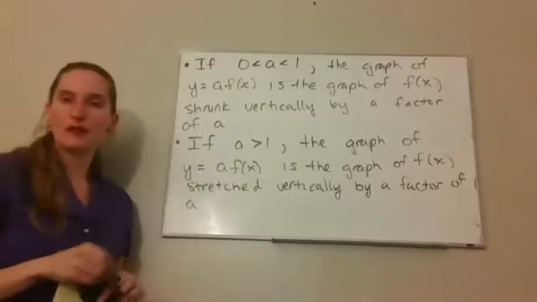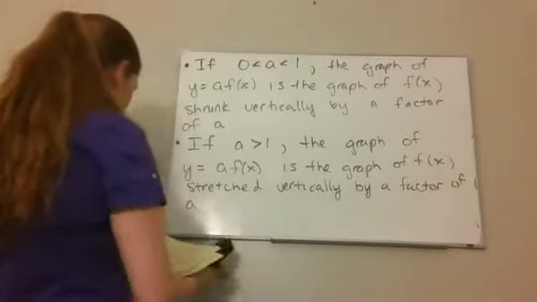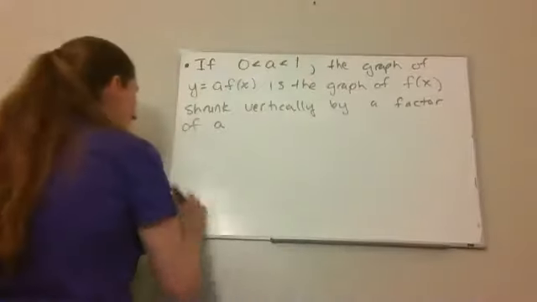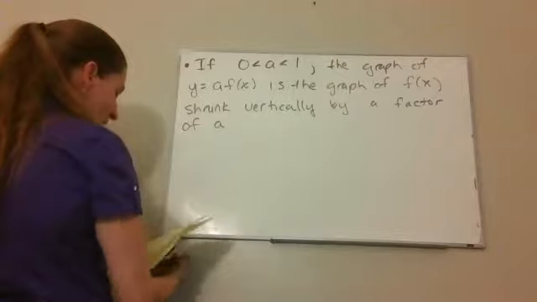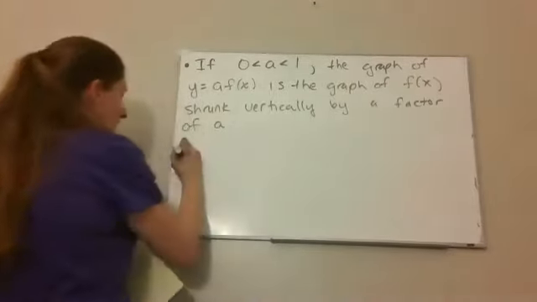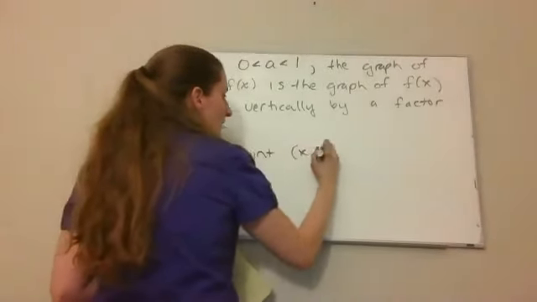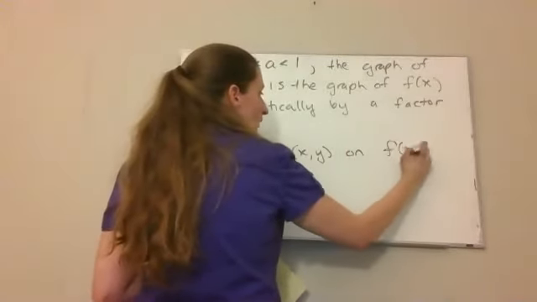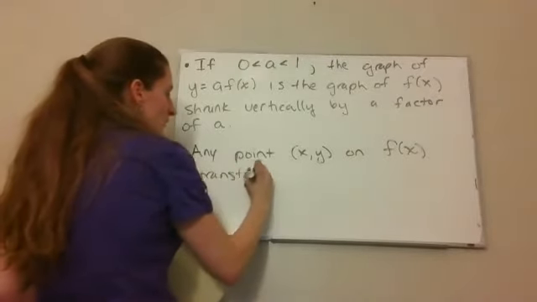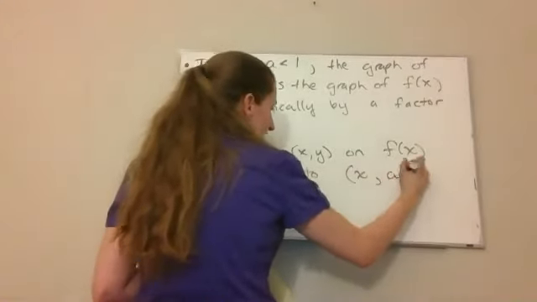So regardless of whether this is a vertical stretch or a vertical shrink, the important thing is that any point (x, y) on the original graph is going to be transformed to a different point (x, a times y). So any point (x, y) on the original graph f of x is transformed to the point (x, a times y).